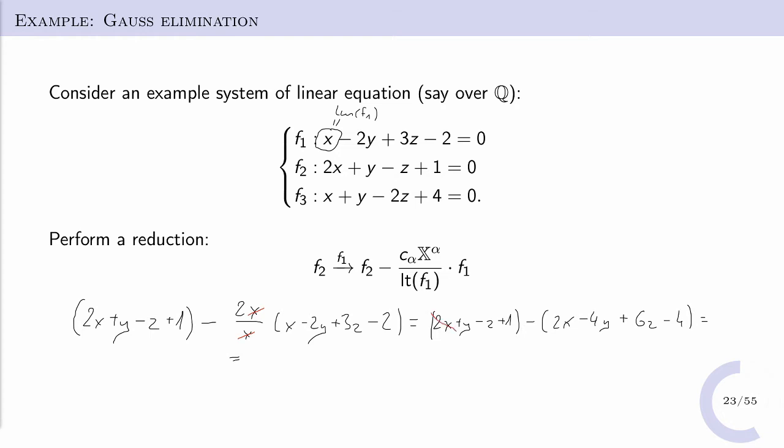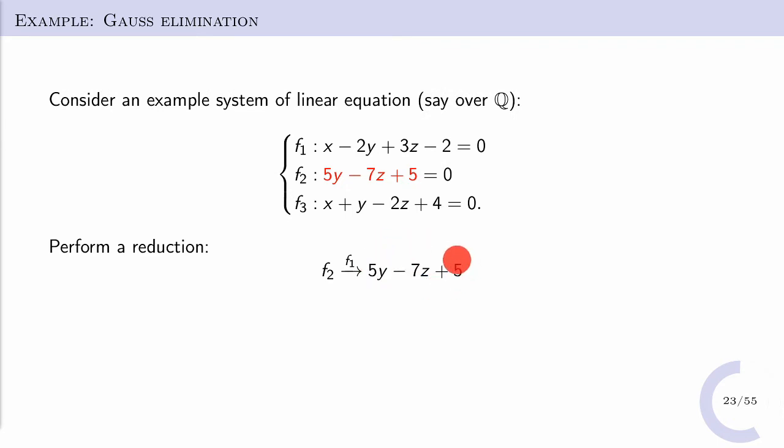This is how it was designed, so that the terms will actually cancel, and we have y minus minus 4y, so it's 5y. Now we have minus z minus 6z, so it's minus 7z, and we have 1 plus 4, it's plus 5. So f2 modulo f1 is 5y minus 7z plus 5.